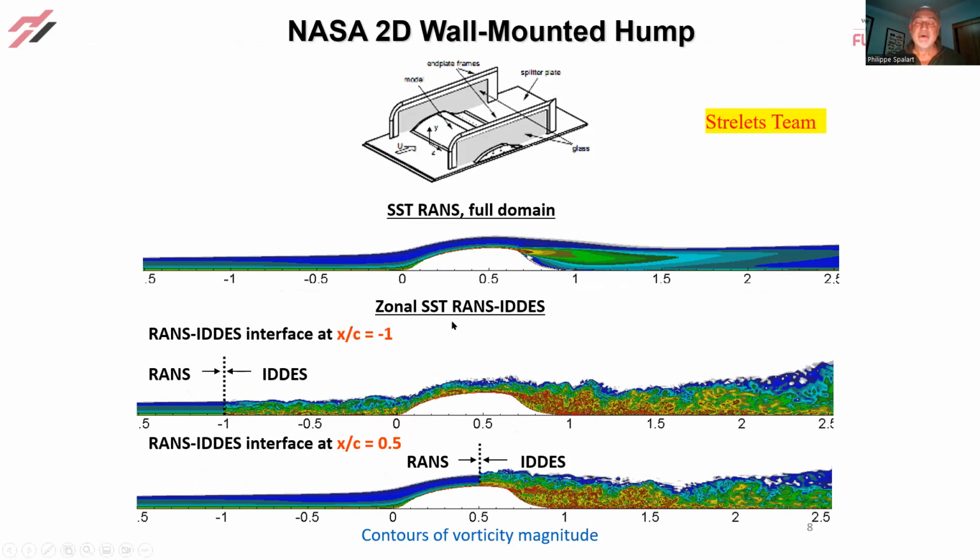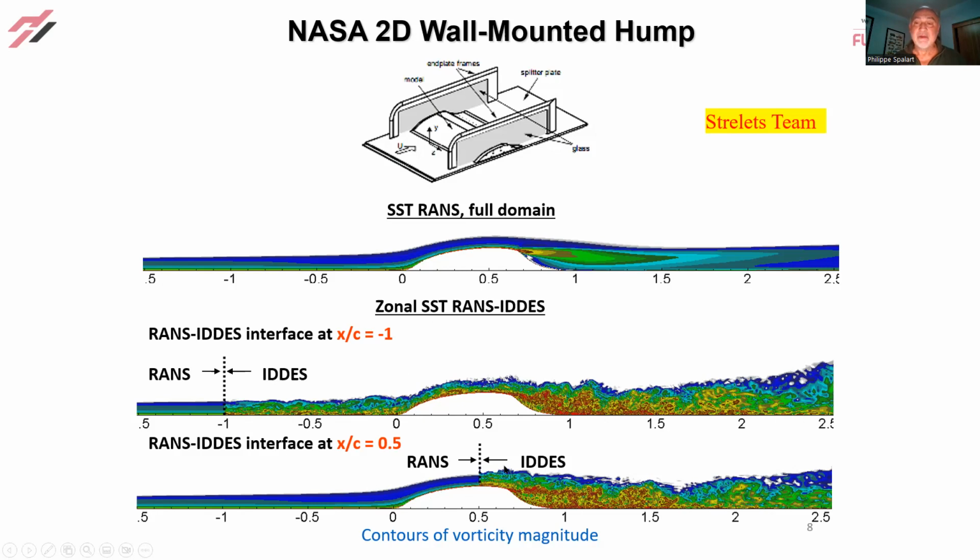And then we have two zonal RANS-IDDES methods with the SST model again, in which we grow the boundary layer with RANS. Then we have a synthetic turbulence generator here that creates turbulence, and then the rest is essentially large eddy simulation with a wall model provided by DES.